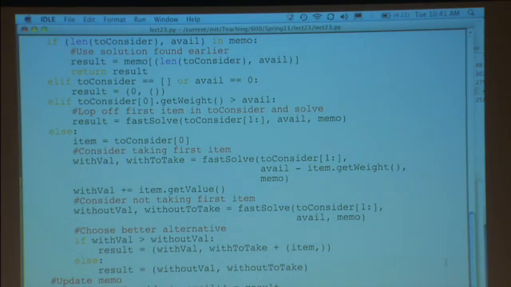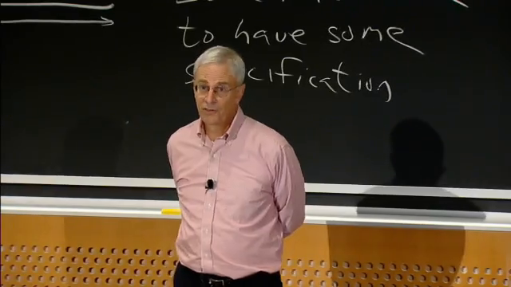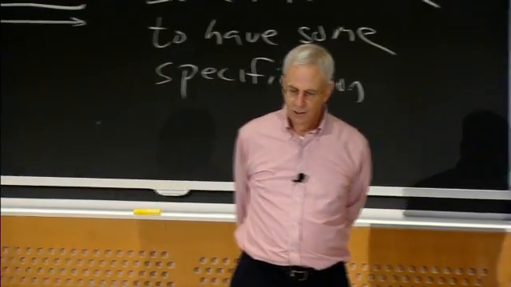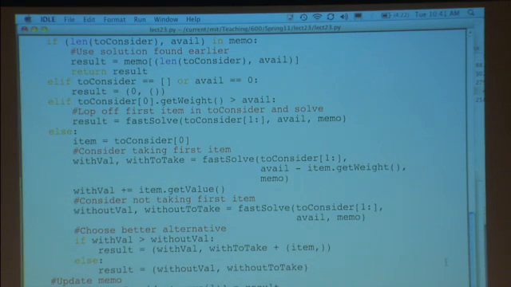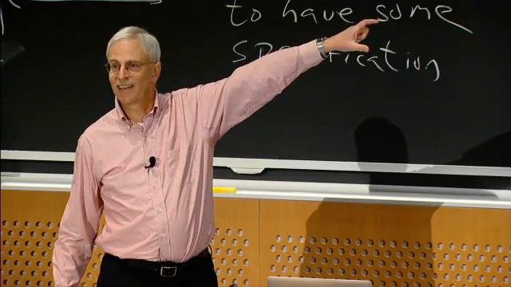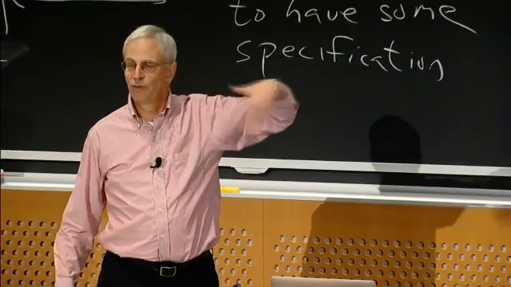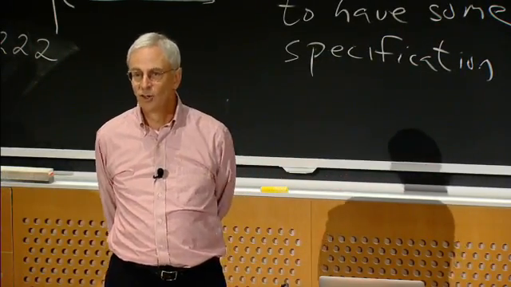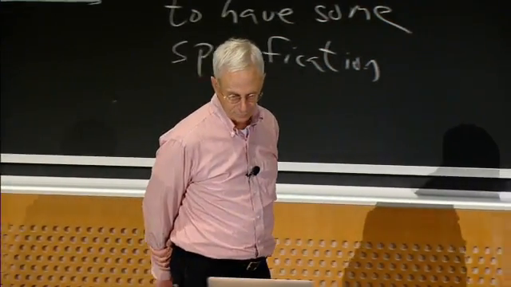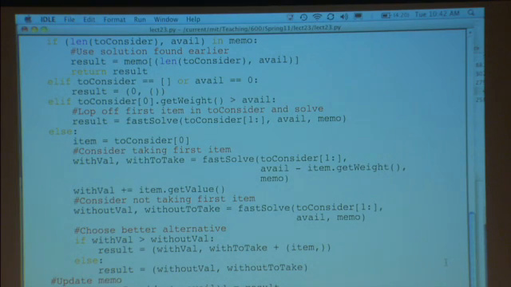I'll set the item to that element, and I'll consider taking it. So I'll call fast solve with to consider without the first item. But the amount of weight available now is what was available before minus the weight of that item. This is my left branch, if you will, where I decide to take the item. And so now I'm solving a smaller problem. The list is smaller and I have less weight. The next thing I'll do is consider not taking the item.